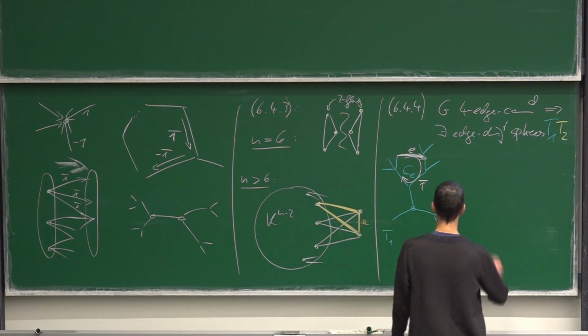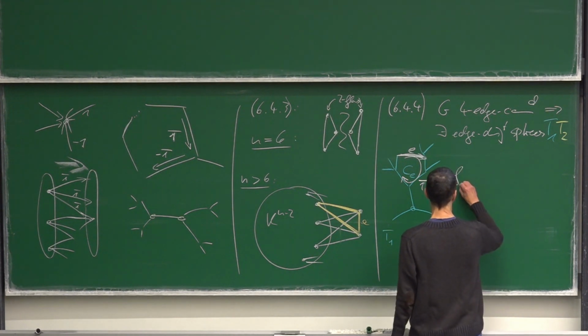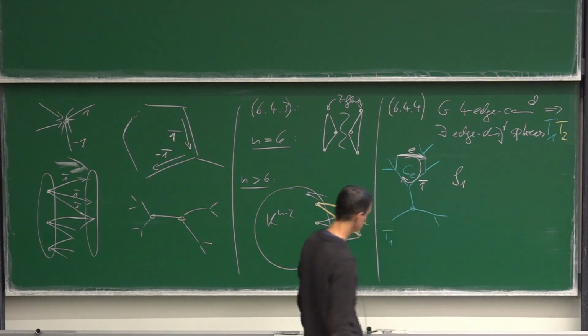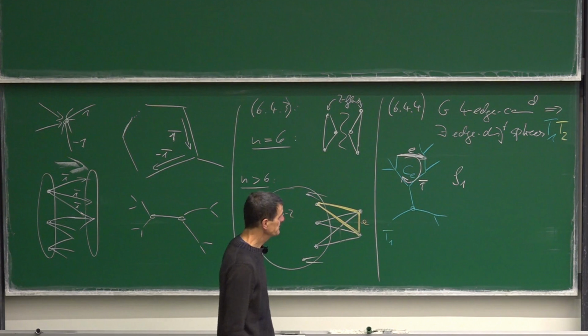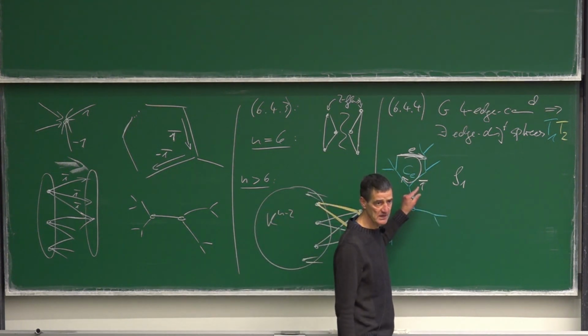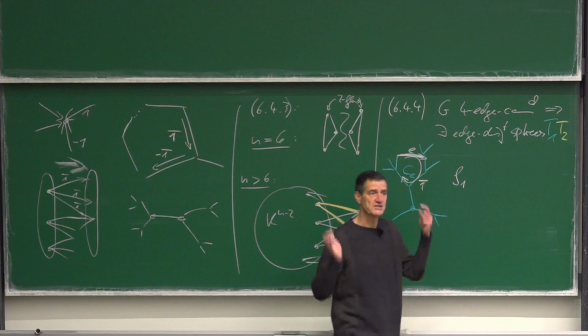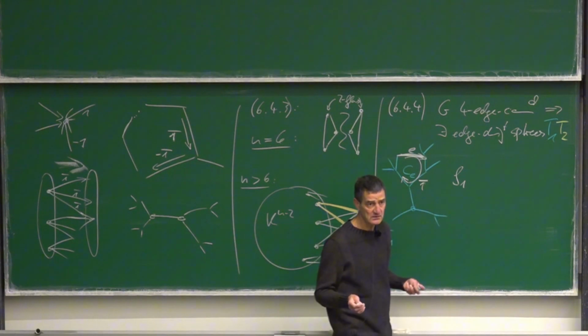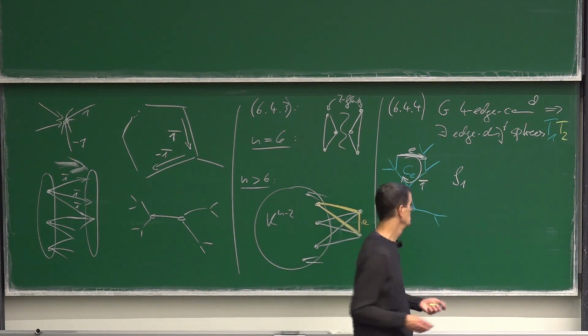Let's call that F1. So F1 assigns non-zero values to all the edges not in T1, and maybe to some of the edges on T1 as well, but maybe not to all of them.